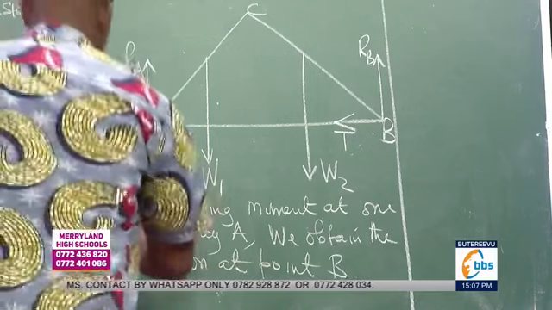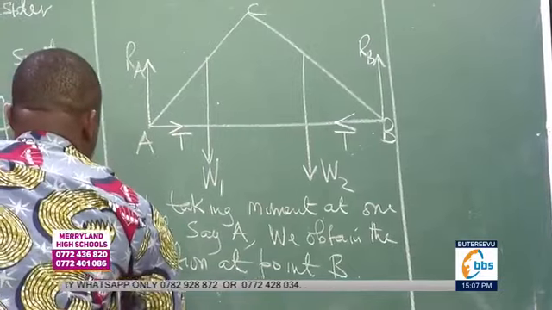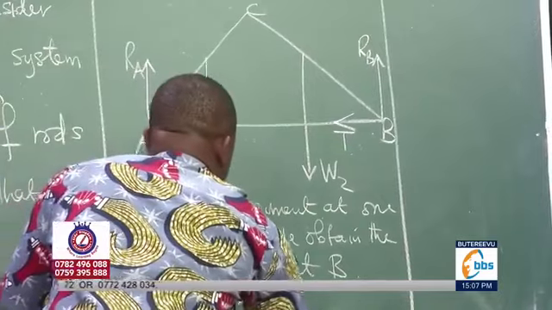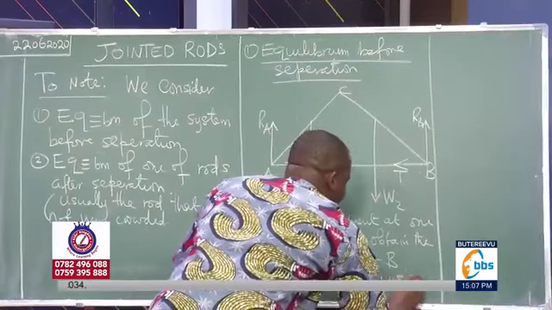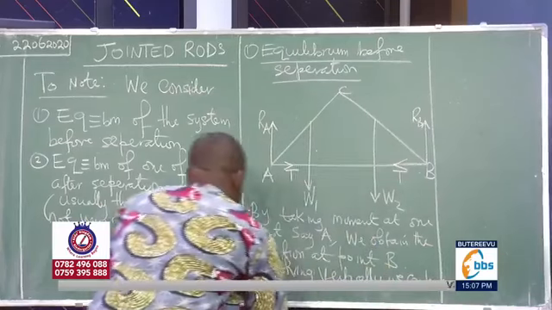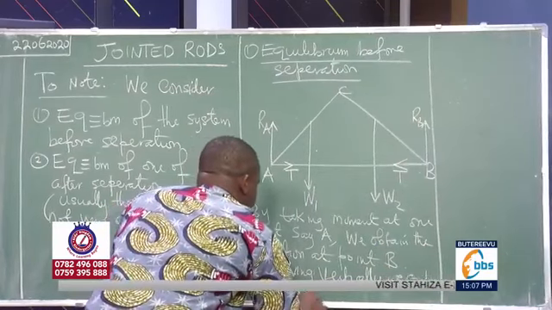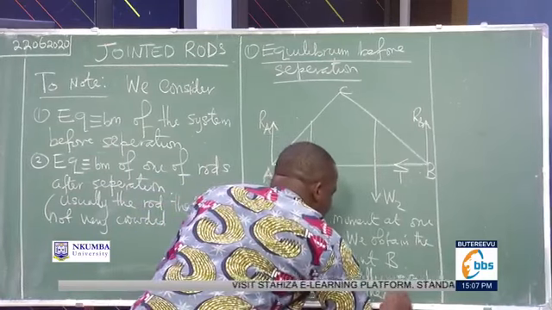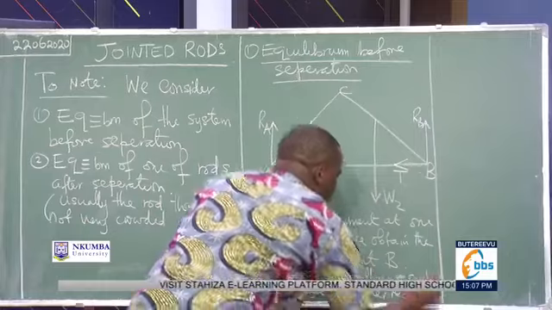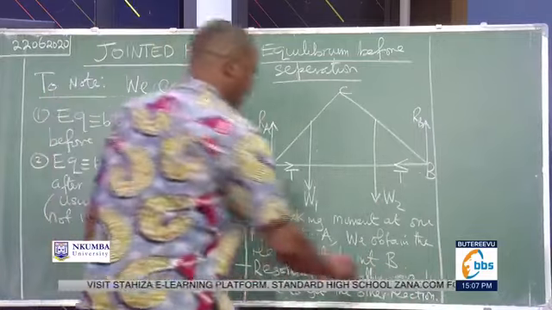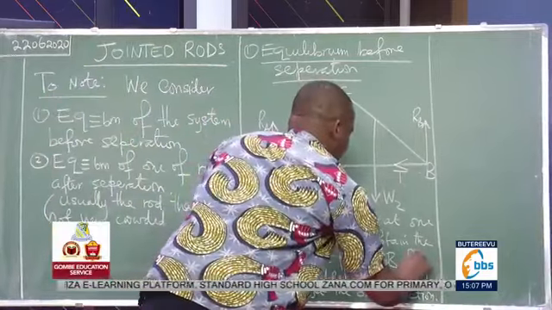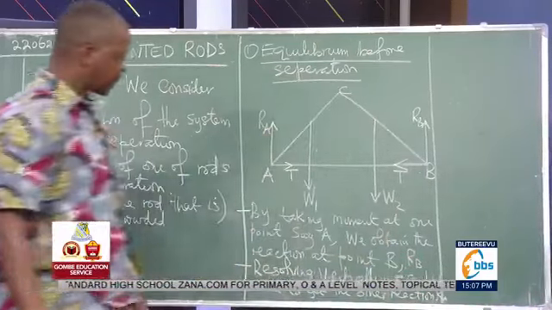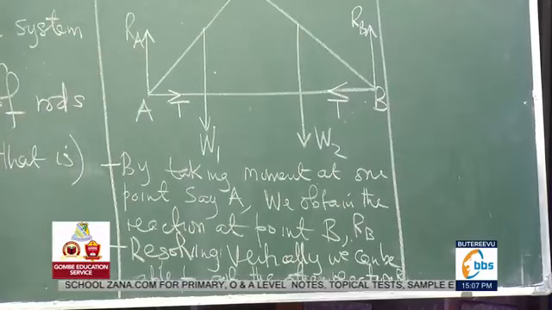And finally, by resolving vertically, we can get the other reaction. For this particular diagram, in this first part we get RB, and here we are able to get RA if we consider resolving vertically.